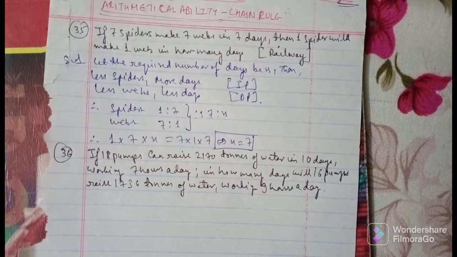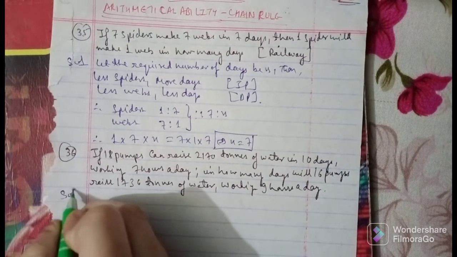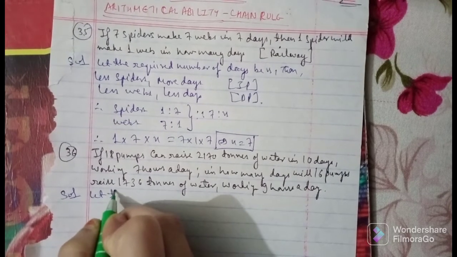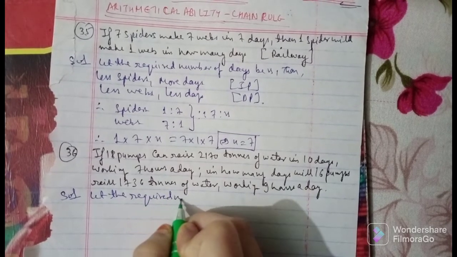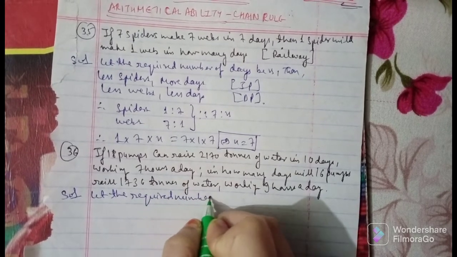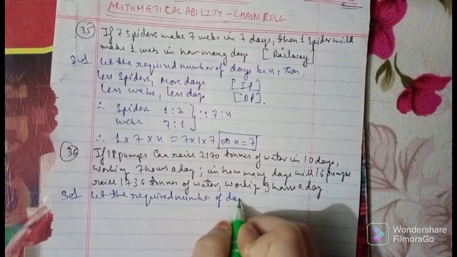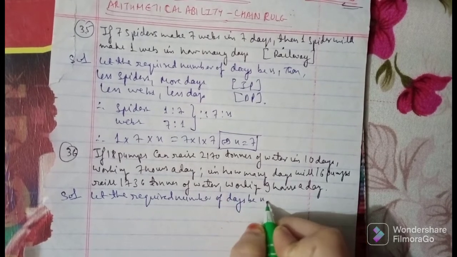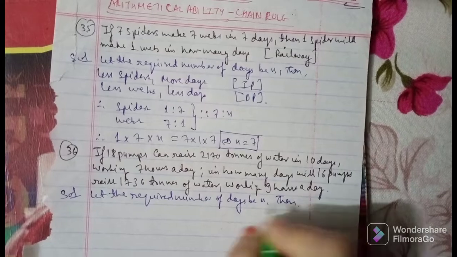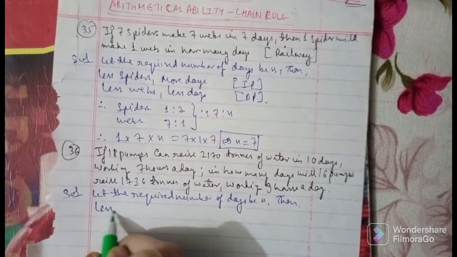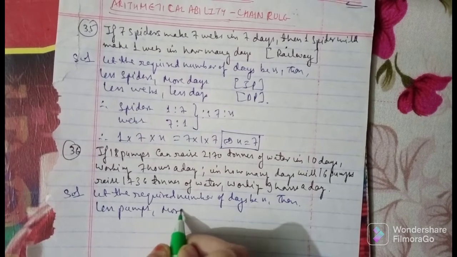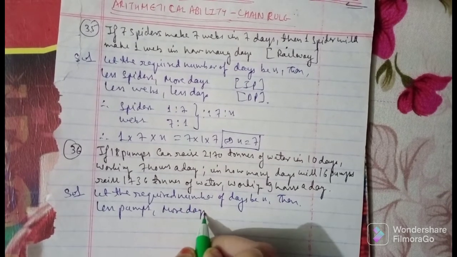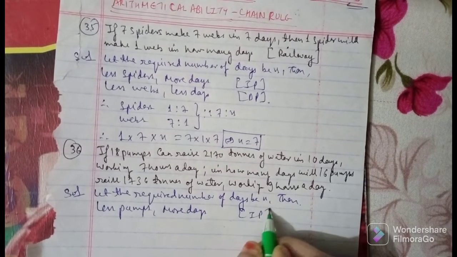Let the required number of days be x. Then less pumps, more days. This is indirect proportion.